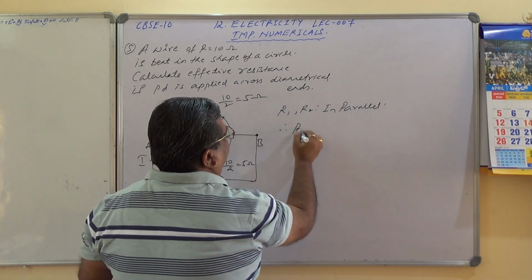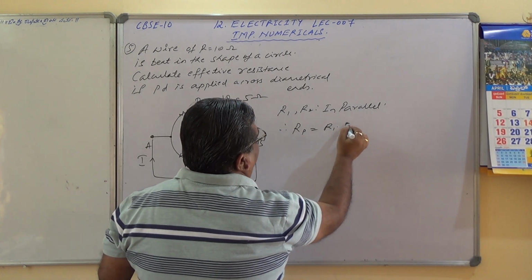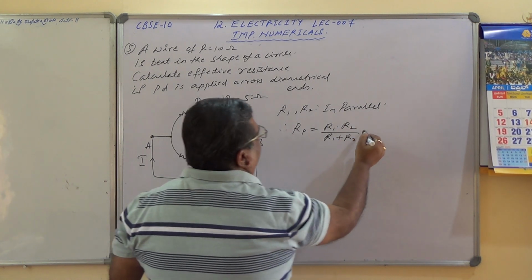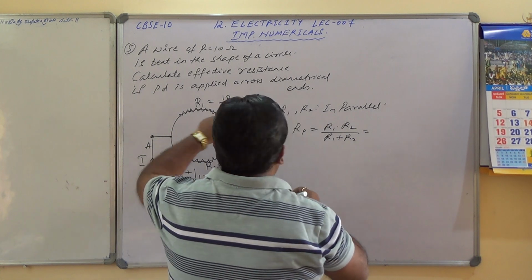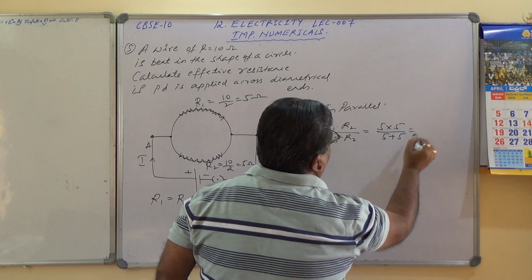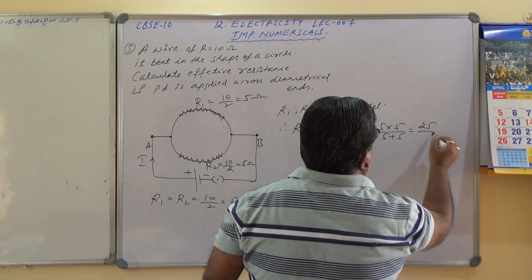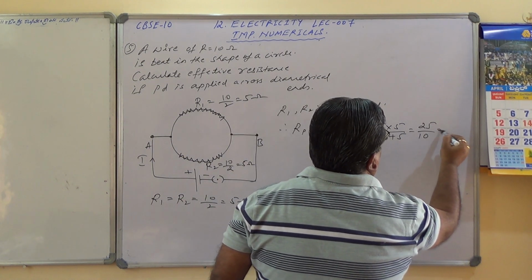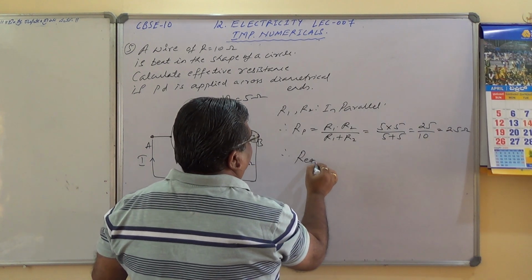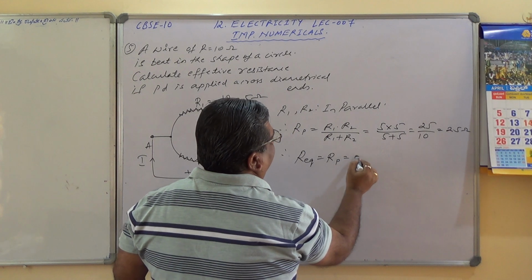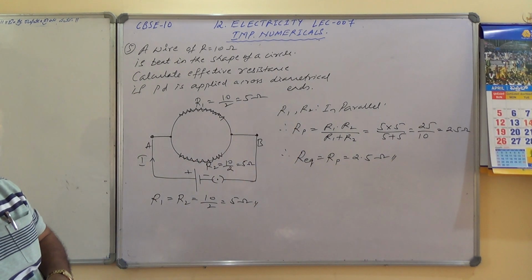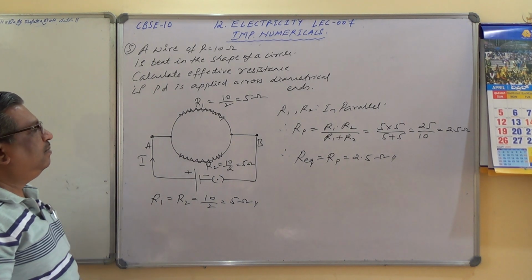And therefore Rp equals R1 into R2 by R1 plus R2, which equals, how much is this? 5 into 5 divided by 5 plus 5, which is 25 divided by 10, which is 2.5 ohms. Therefore R equivalent equals Rp equals 2.5 ohms. That's correct. Okay, please note it down.